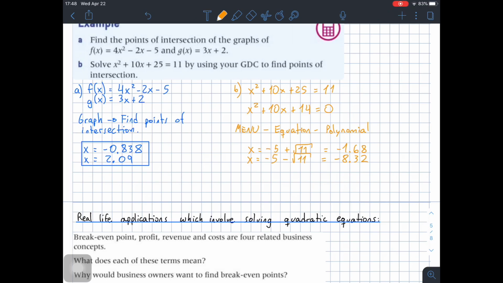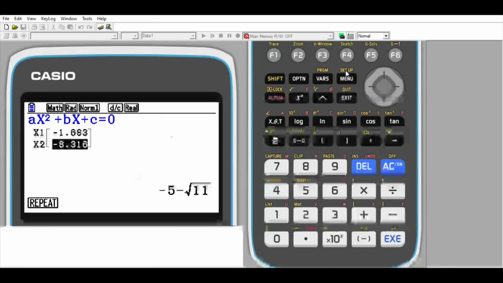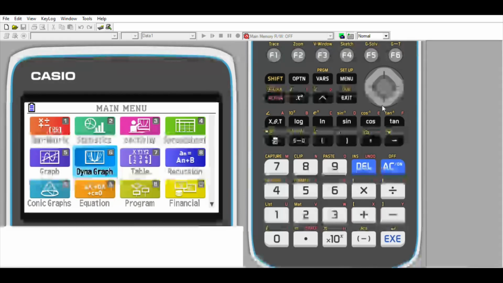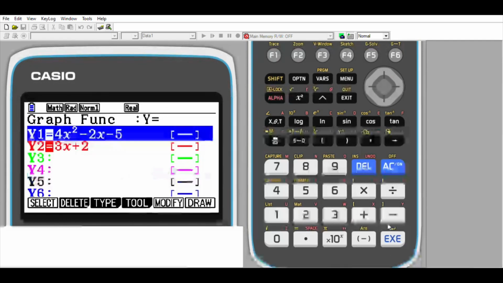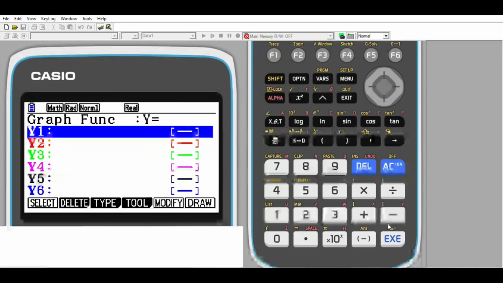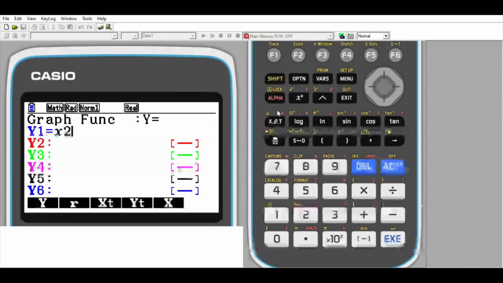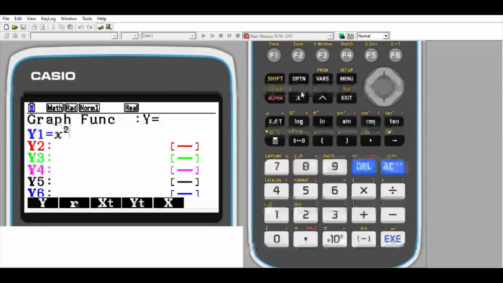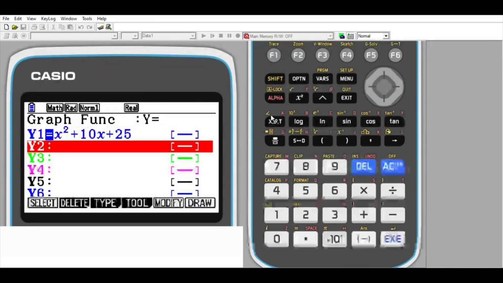So if you look at the calculator once again now, if we go to menu, graph, let me erase these two equations for a second, and I'm going to write the two equations given in exercise B. So the first one is a quadratic function, which is x squared plus 10x plus 25, and the other one, if you remember from the exercise, the equation was x squared plus 10x plus 25 equals 11.